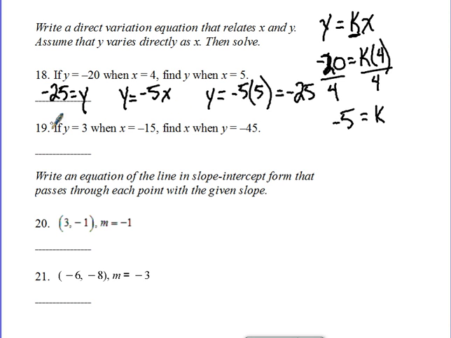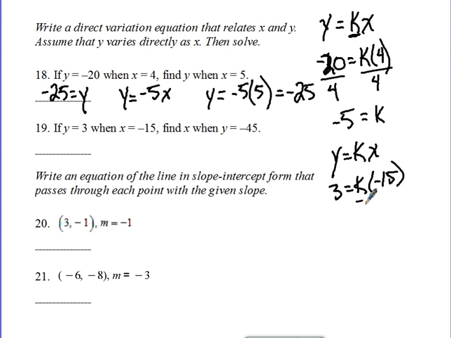Using the same logic, as soon as we see direct variation or y varies directly as x, we know that we've got some number k such that y equals k times x. And we know that when y is 3 in this problem, x was negative 15. So some number times negative 15 gave us 3.